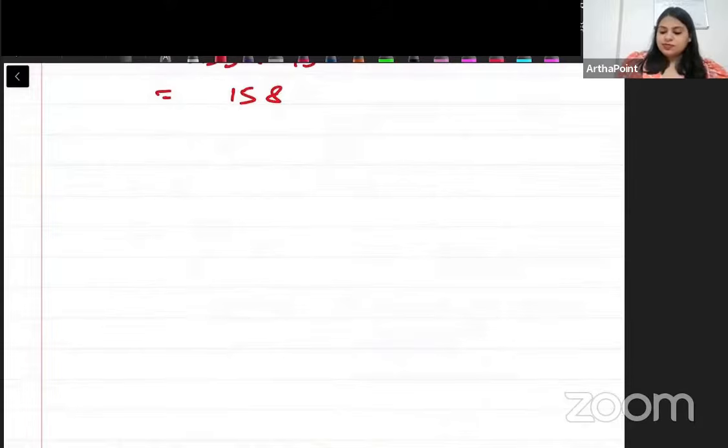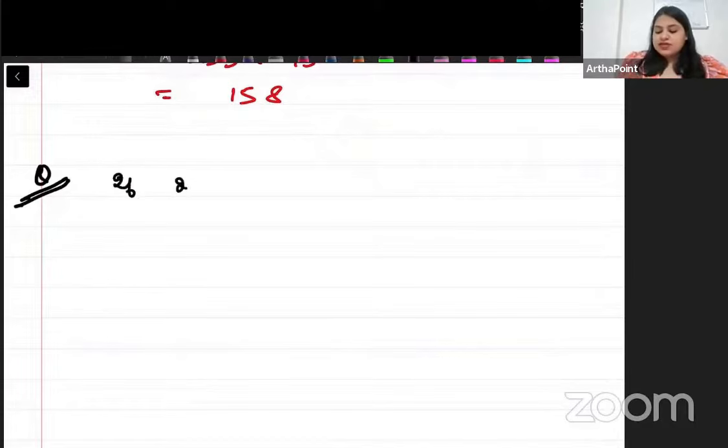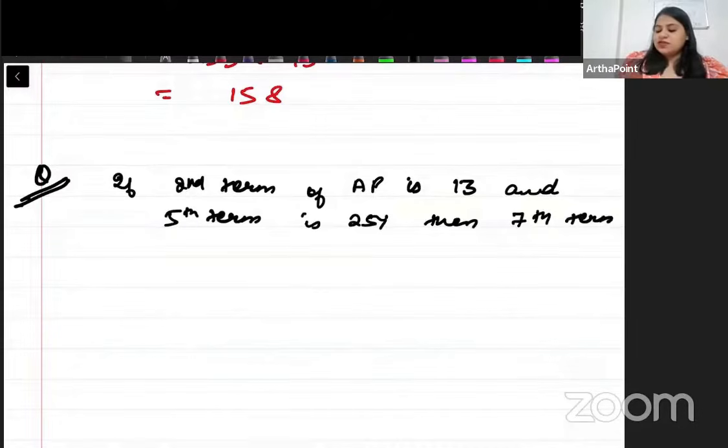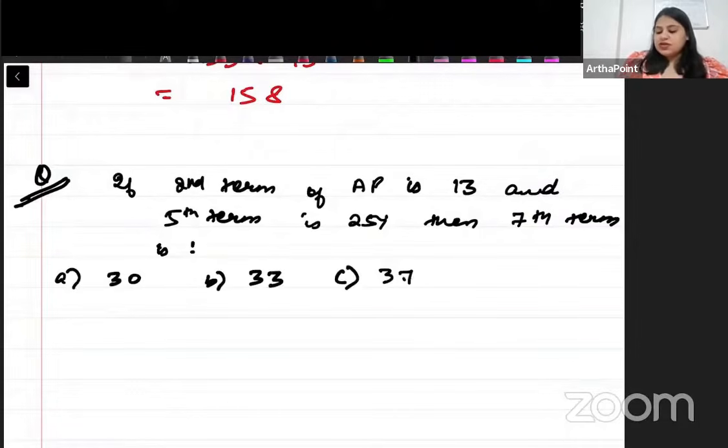Now, I'm giving you one question and this is for you to practice. If the second term of an AP is 13 and the fifth term is 25, then the seventh term is: A 30, B 33, C 37 and D 38.